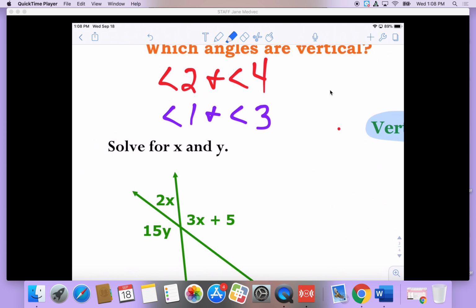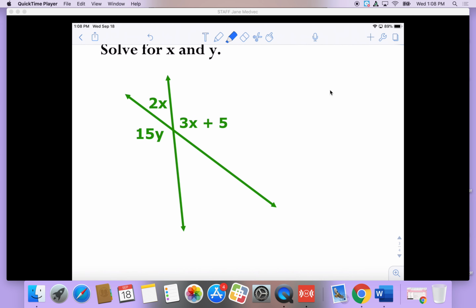Okay, let's go down and take a look at this problem. So it's asking me to solve for x and y, and I need to use algebra. I can't just pull a number out of thin air and say, here it is, see, it works. I've got to use my algebra. So how do I go about solving this for either x or y? What do I do?